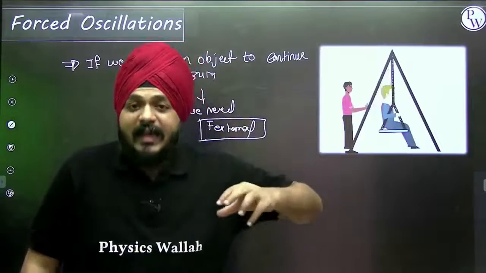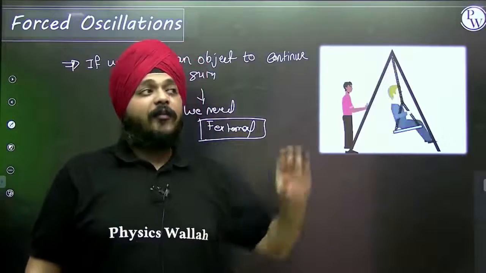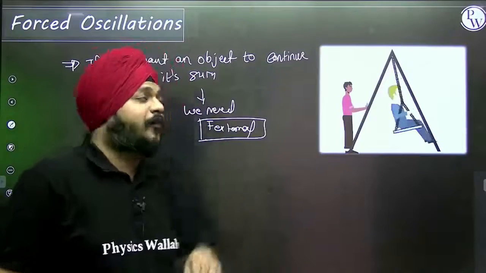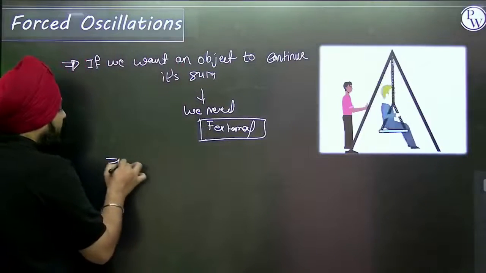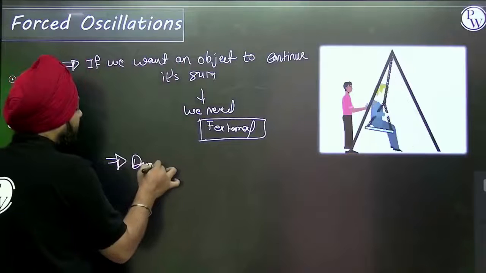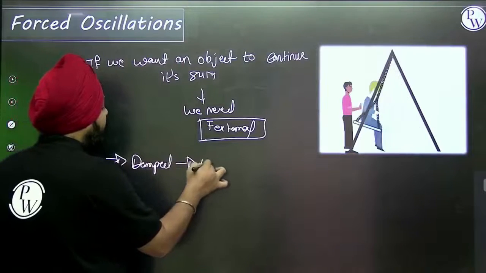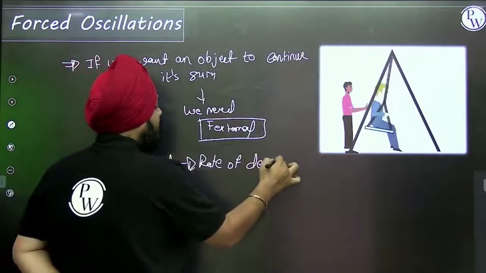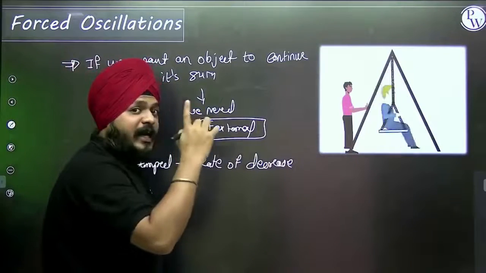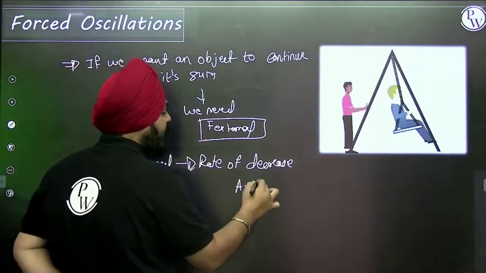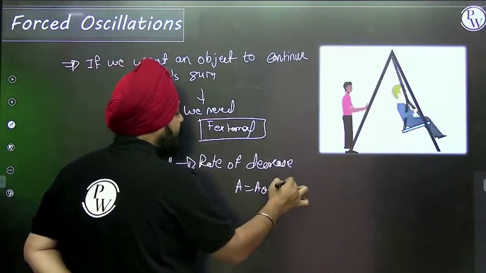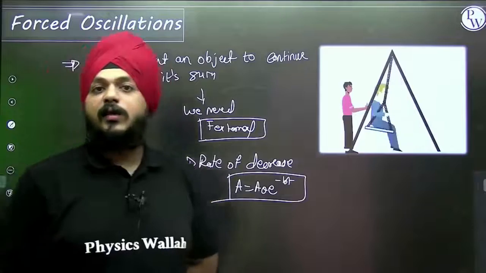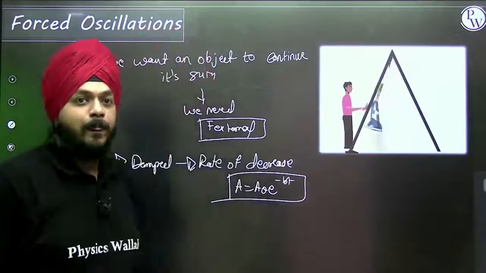So in that case, if energy is decreasing and the rate of decrease is not uniform in damped oscillation, the amplitude is A equal to A0 e raised to minus bt, where b is a damping constant. It is not uniform.